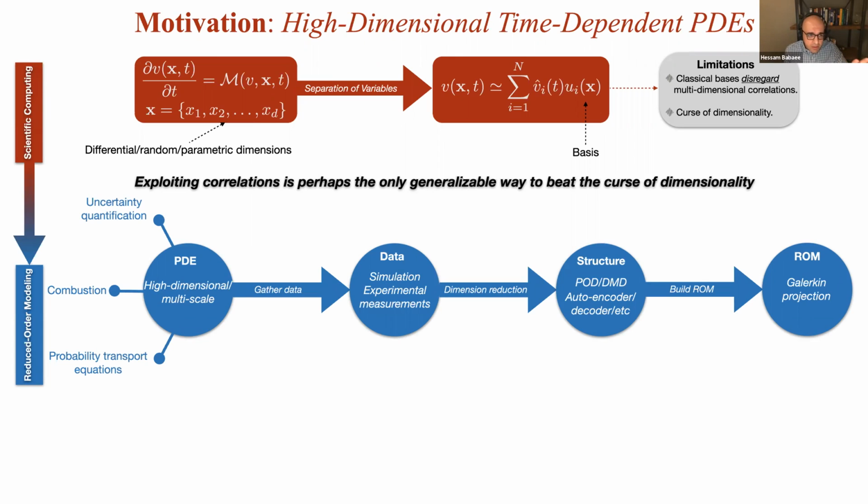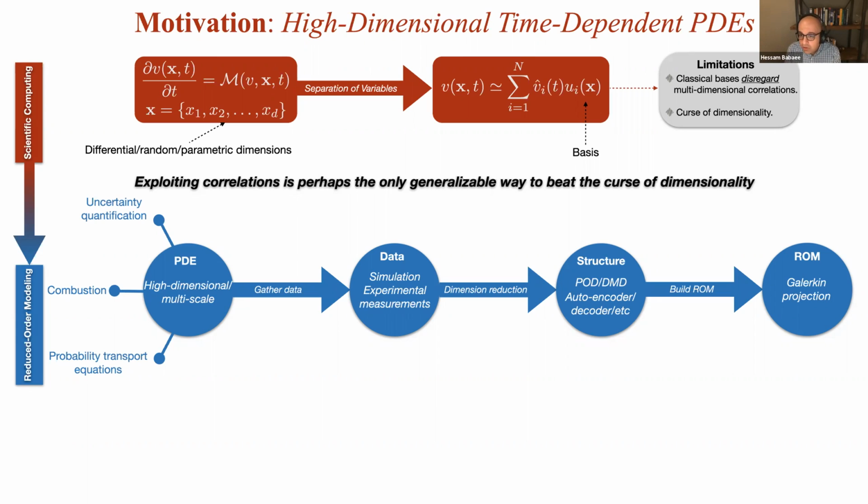So this is a typical workflow of reduced order modeling. You have your high dimensional PDE, and the applications could be uncertainty quantification, combustion, or Fokker-Planck type equations. To reduce this, you would have to first gather high fidelity data on this PDE. The data could come from simulation or experimental data.